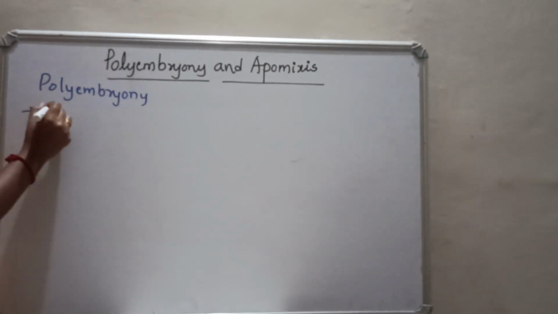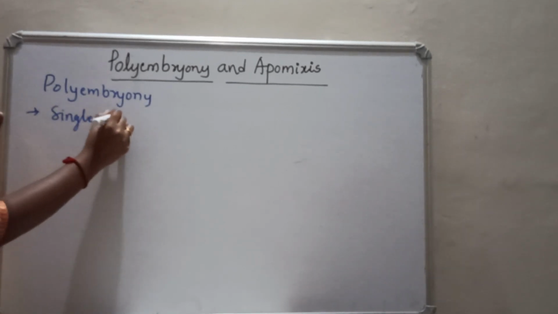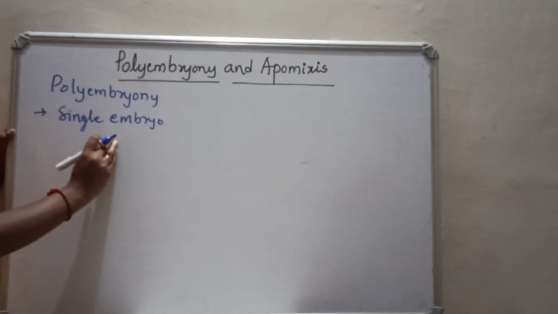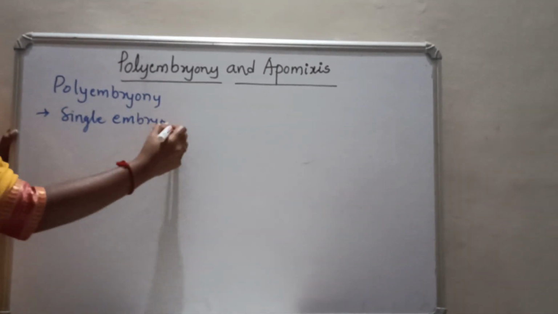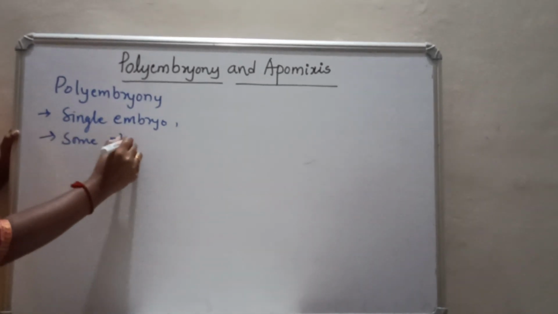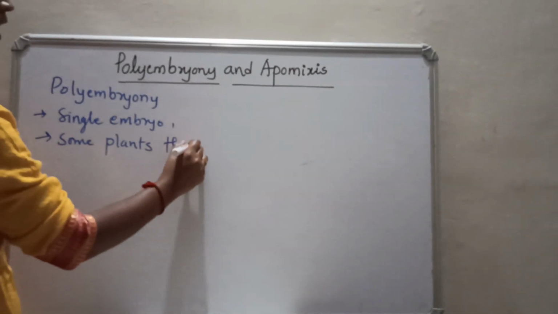Generally, seeds have a single embryo. But in some plants, they have more than one embryo.